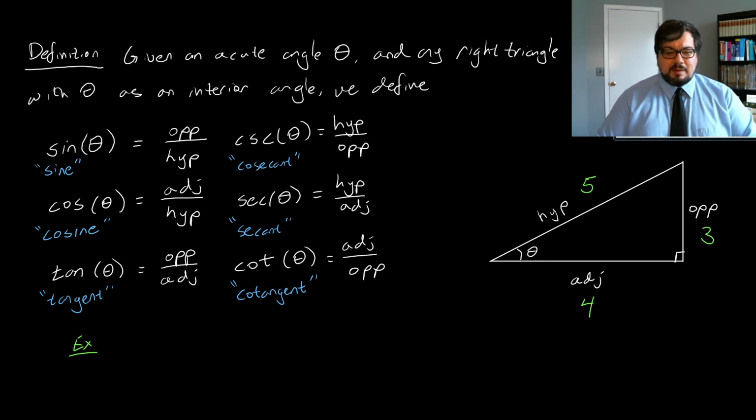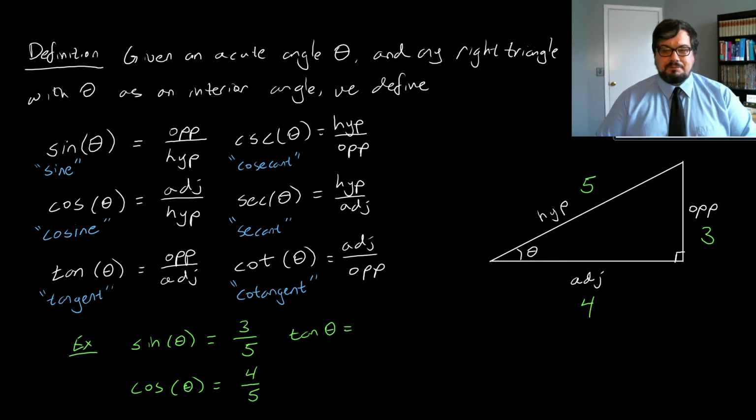So in this example, for this angle, which I haven't specified, it's not a super familiar angle, whatever this angle is, the sine of that angle will be 3 over 5. It's the length of the opposite side divided by the length of the hypotenuse. Cosine of this angle is going to be the length of the adjacent side over the length of the hypotenuse, so 4 over 5.